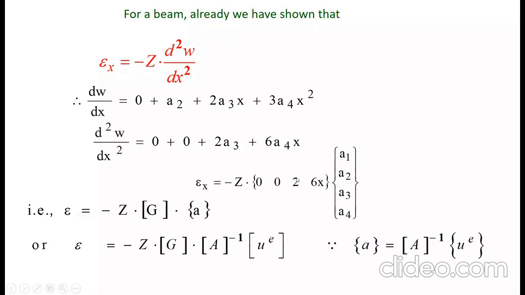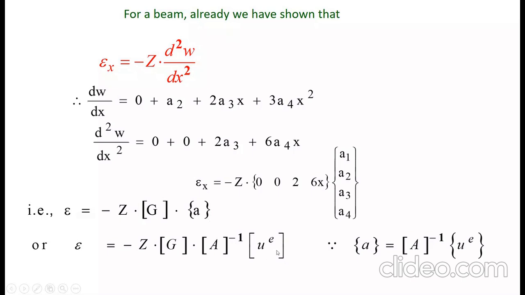So we take it as a1, a2, a3, a4. That will be mentioned here, and then minus z. So general strain equals minus z. The 0, 0, 2, 6x will be considered as G, and the unknown will be considered as A. So strain equals minus z G A transverse u. The A will be considered as A transverse into displacement.